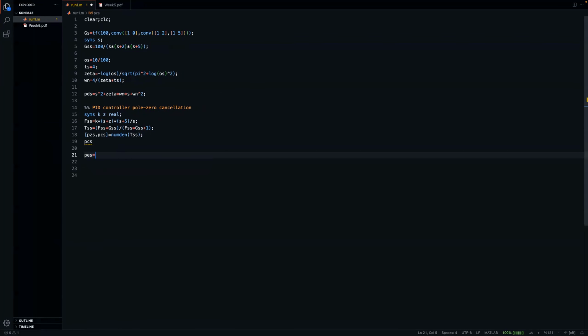Therefore, I'm going to define S plus P with syms P real, because the residual polynomial is needed like that. And then the problem is that the coefficients of PDS should be equal to the coefficients of the multiplication of PDS times PES, with respect to S, all.